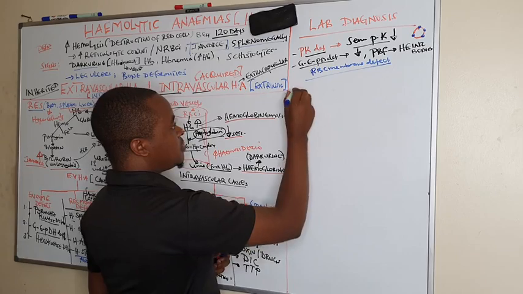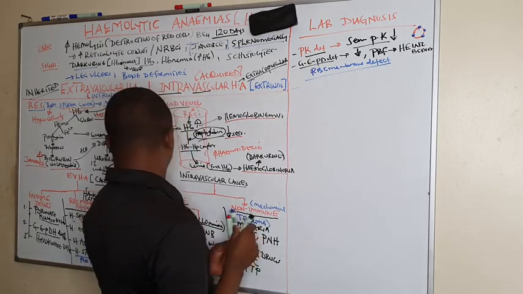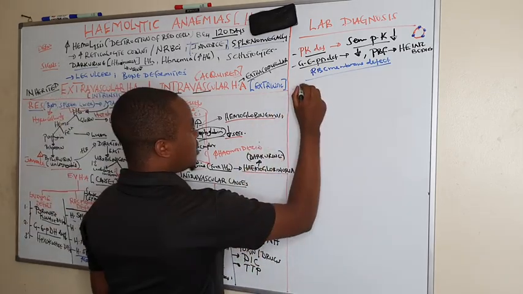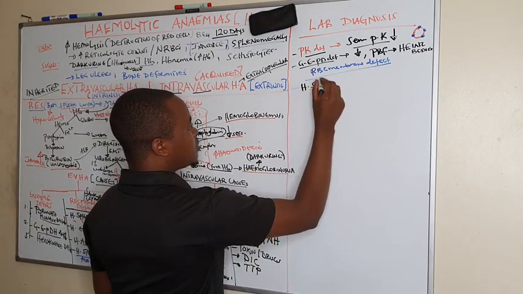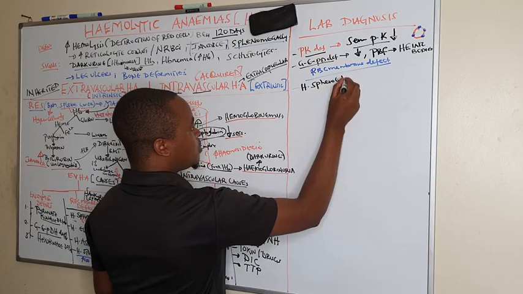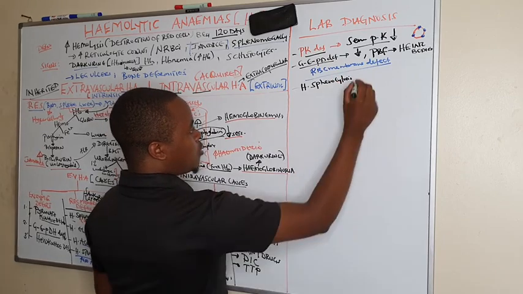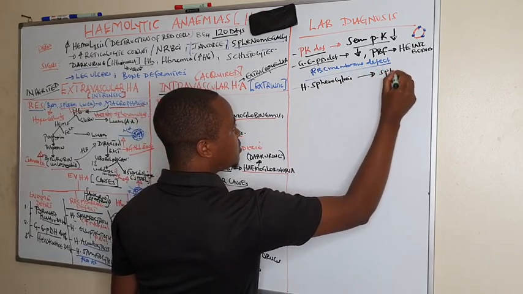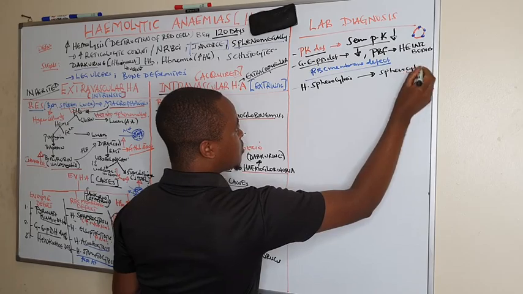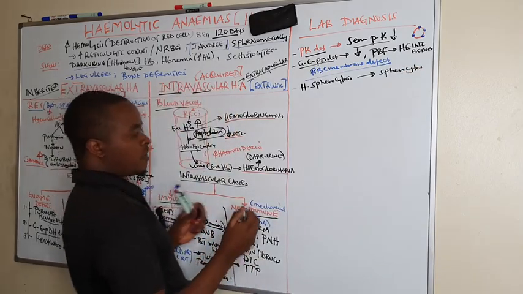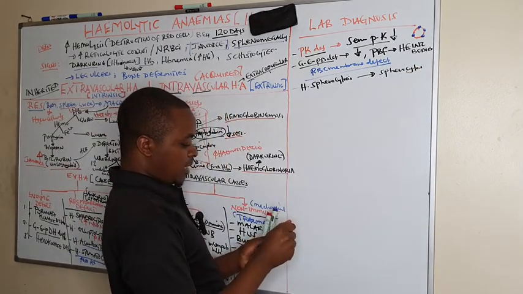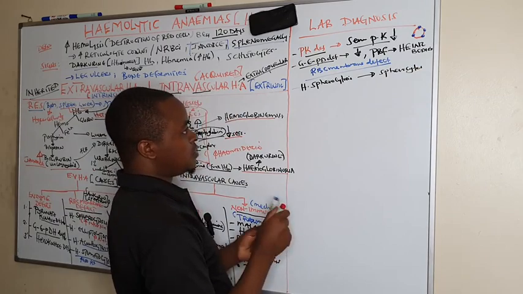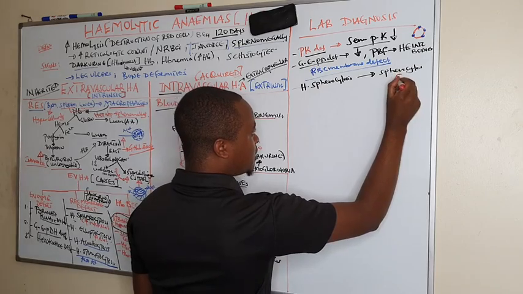Then if the problem is RBC membrane defect, we shall look at if this is due to maybe hereditary spherocytosis. We shall do a thin film, and we look for the presence of spherocytes in PBF, whereby spherocytes are small RBCs which are dense pink staining.